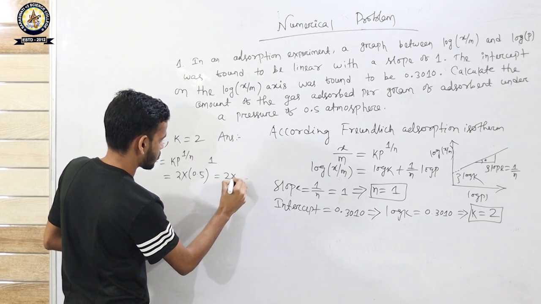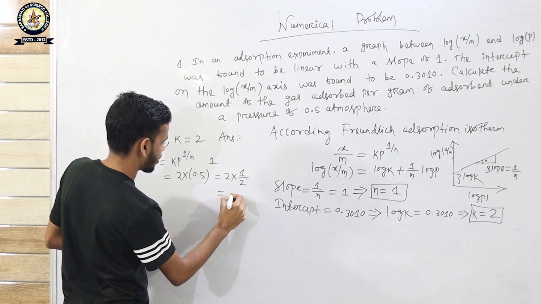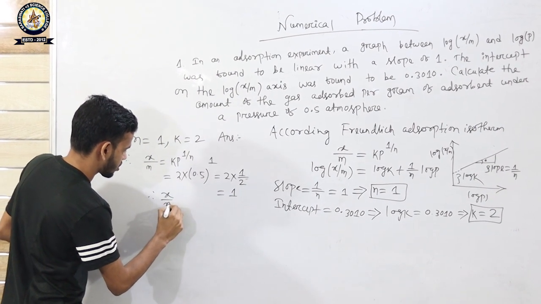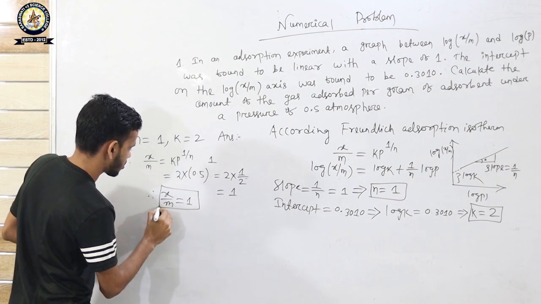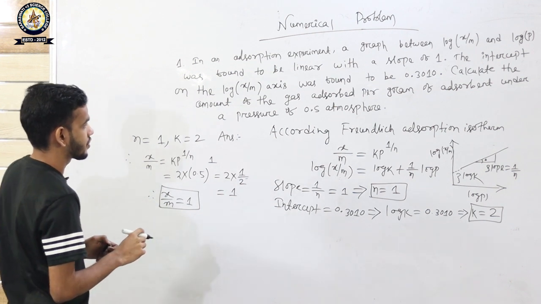So dear students, we got the value of x/m equal to 1. So this is the answer for the first question.